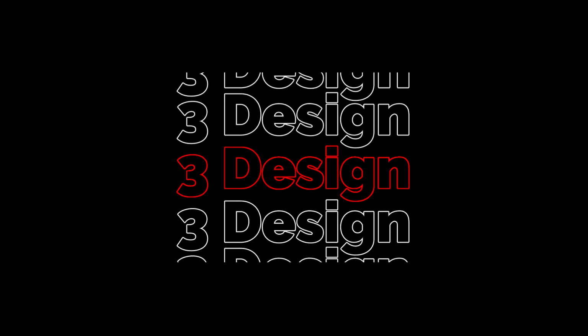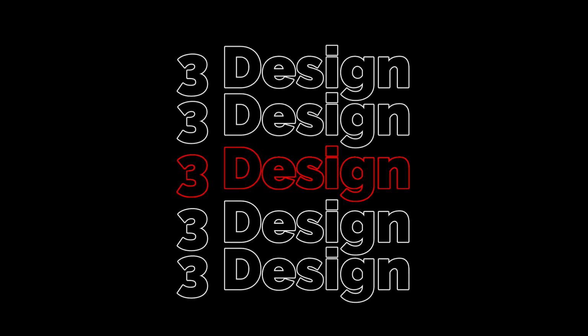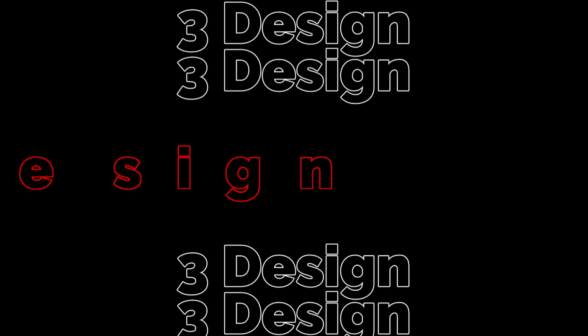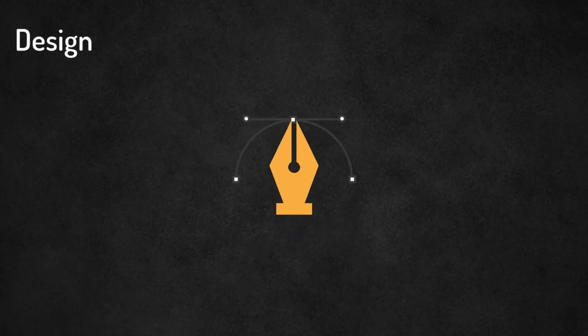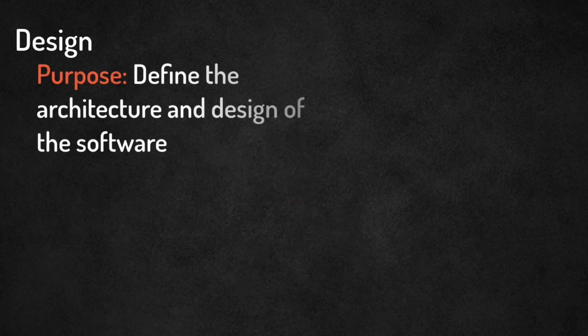Moving on to step 3, we're looking at designing our software application. No, we're still not building it, we are designing the application. During our design phase, we can start putting together the idea of our application. The purpose being to define the architecture and the design of the software to meet our specified requirements.